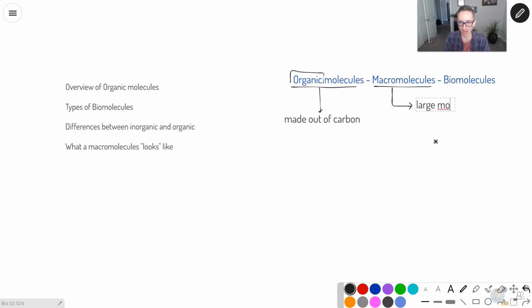Instead of micro, it's macro, like a Mack truck. Large molecules. And biomolecules, bio means life. So these are life molecules. Those are the more specific definitions.